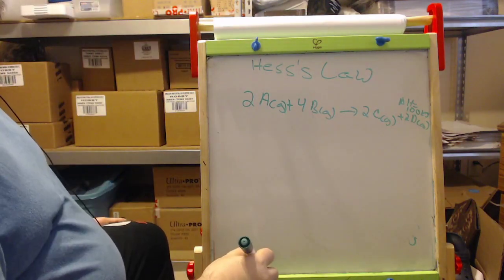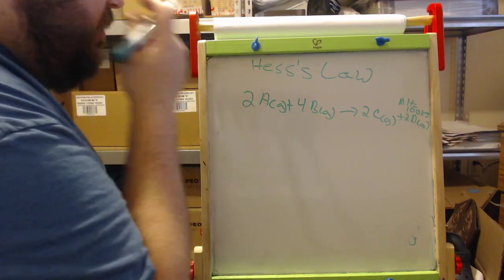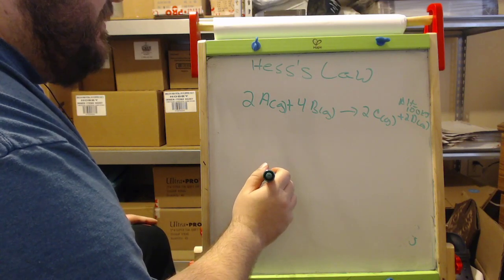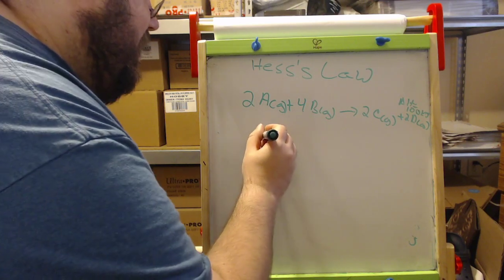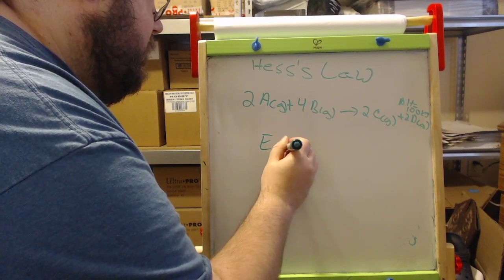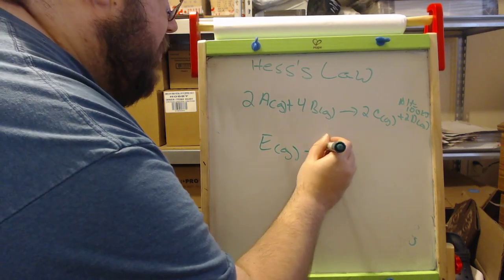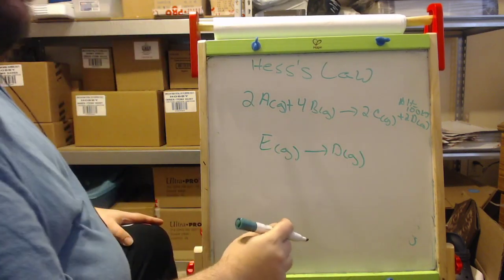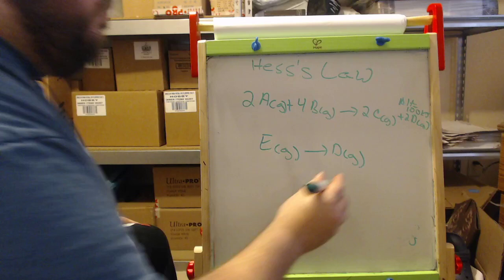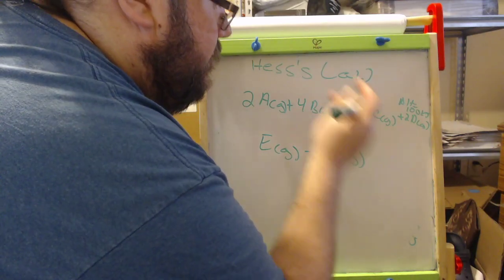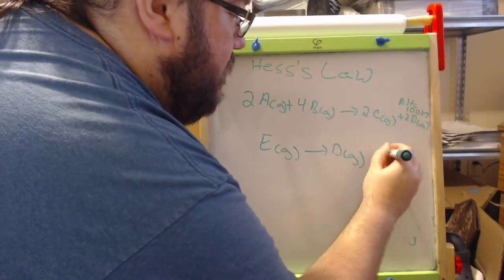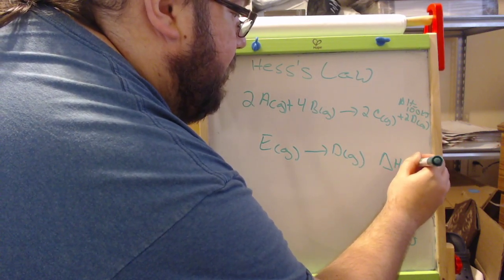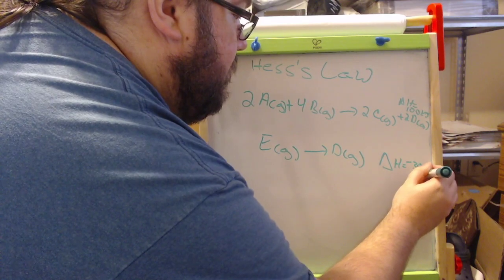Okay? So there's that one. Then they have one over here that says E gas decomposes to D gas. And the delta H is negative 300 kilojoules.